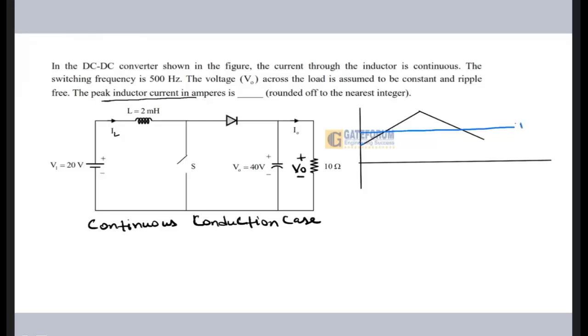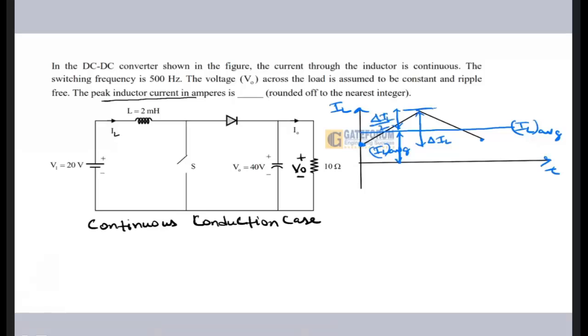Okay, this is my IL average, and this is the graph of IL versus T. It is not getting to zero because it is continuous conduction, and this was my delta I. This is my IL average, and this part, if you see, is delta IL by 2.